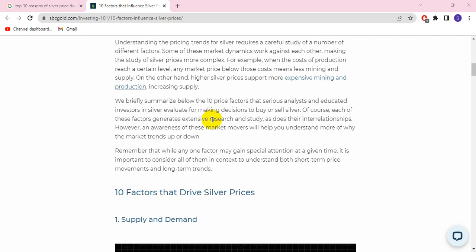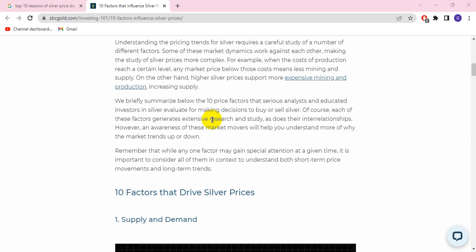We briefly summarize below the 10 key factors that serious analysts and educated investors in silver evaluate for making decisions to buy or sell silver. Of course, each of these factors generates extensive research and study, as do their interrelationships.